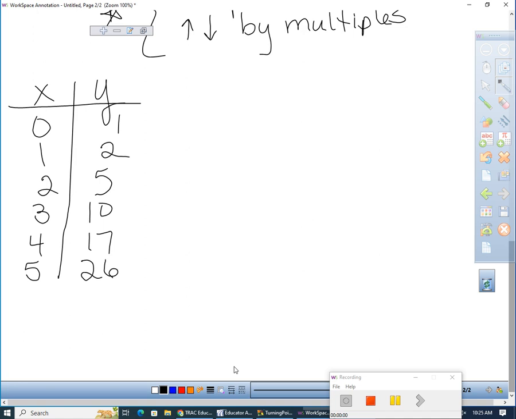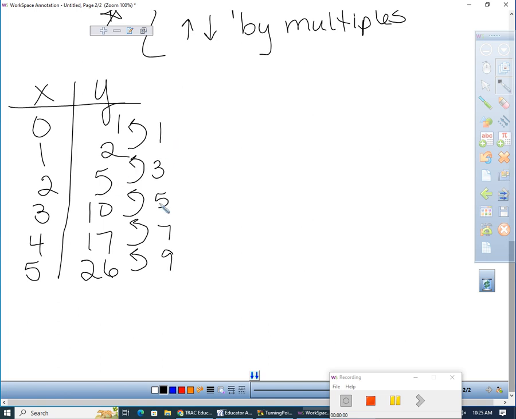So we're going to do our loops. So we're going to start here. 2 minus 1 is 1. 5 minus 2 is 3. 17 minus 10 is 7, and 26 minus 17 is 9. Do they all match? No. So it's not linear, and we have to do it again.